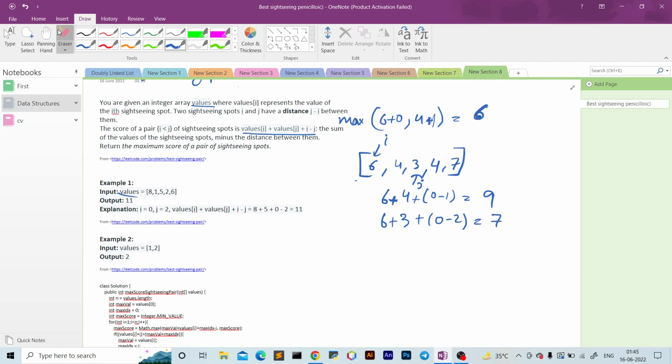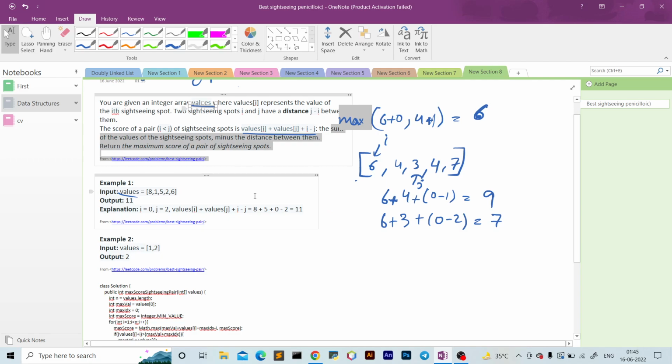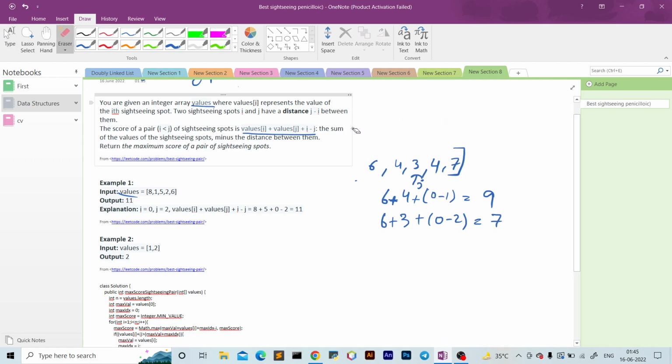Now again, we have to choose from this or this only. When we have this as jth, we have to choose between this and this because we have already disregarded the other.